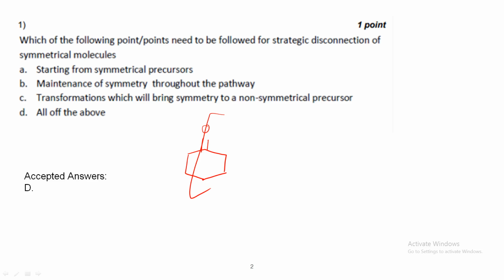Although we all know the correct structure should be like this one, even that also contains a sigma plane, if we consider the plane to go through this line. So this sigma plane exists. That's why it's a symmetrical molecule.